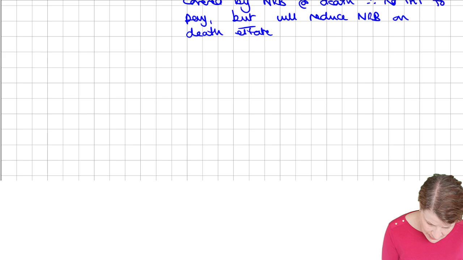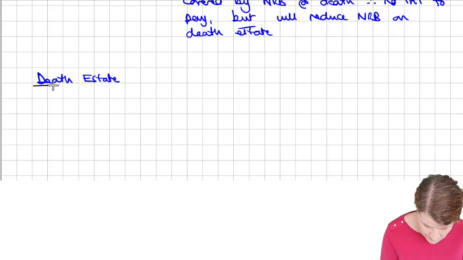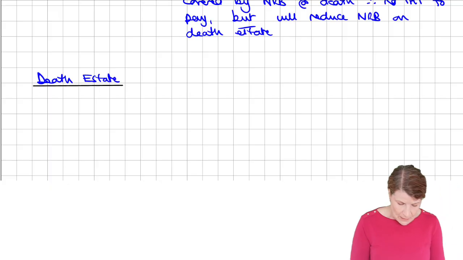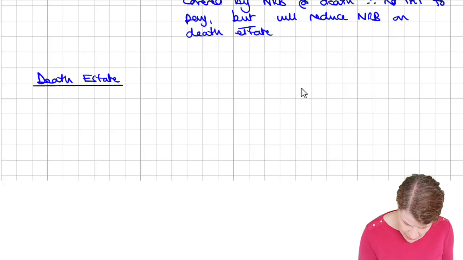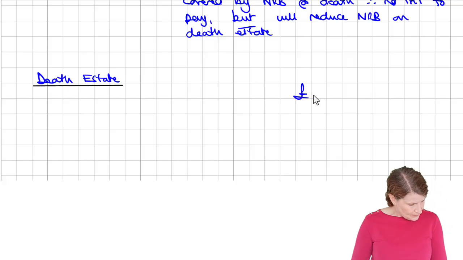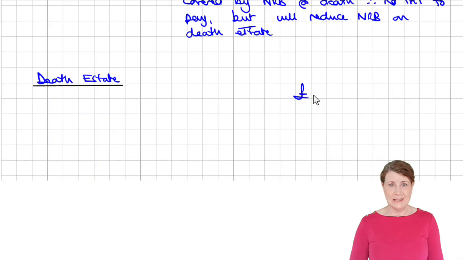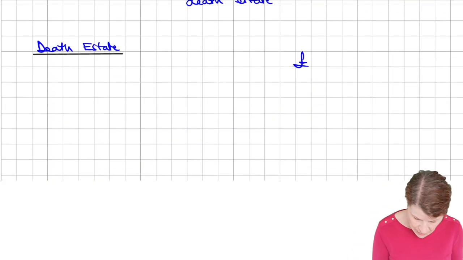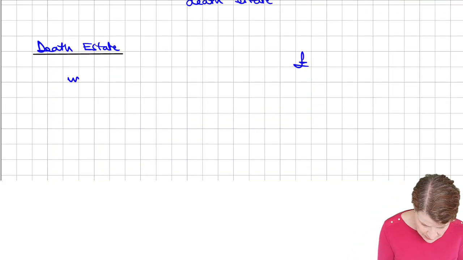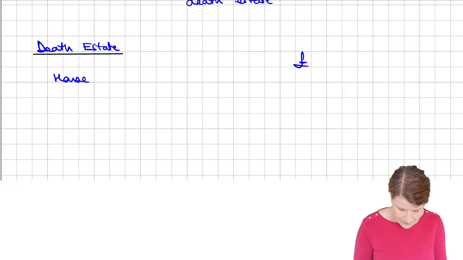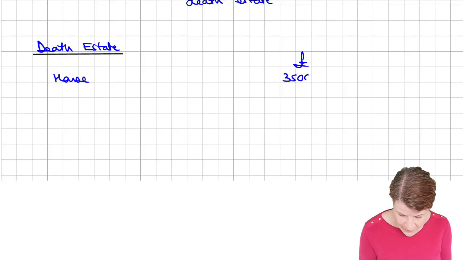So we've got Hamish's death estate then. We've got his house. It doesn't mention anything about any mortgages on it, so we can just take it at face value. So we've got the house, valued at 350.